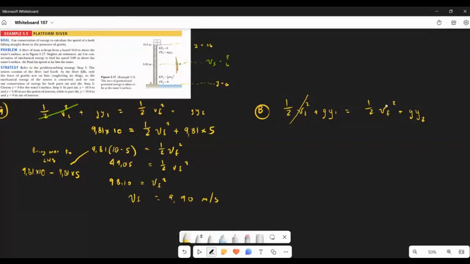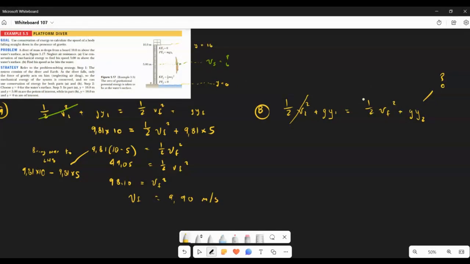And then over here, he has what you're looking for, the wanted speed. So at the bottom, he possesses kinetic energy, obviously. But I have to ask you, when he hits the water, does he have any potential energy? Yes or no? No, thank you very much.